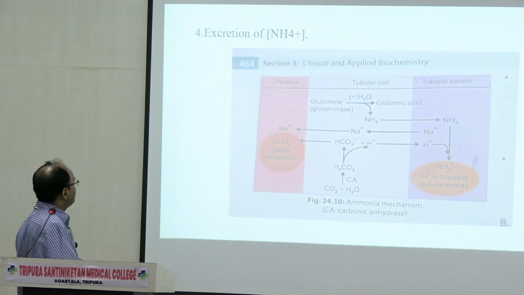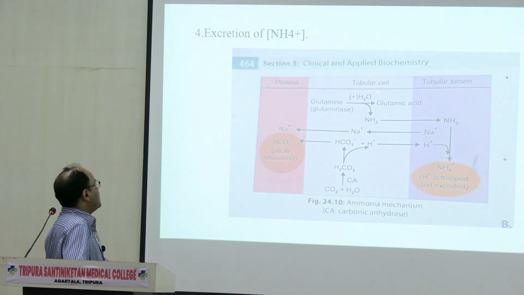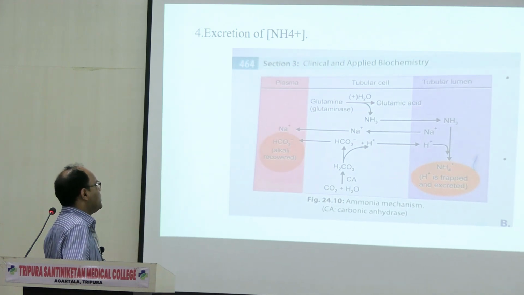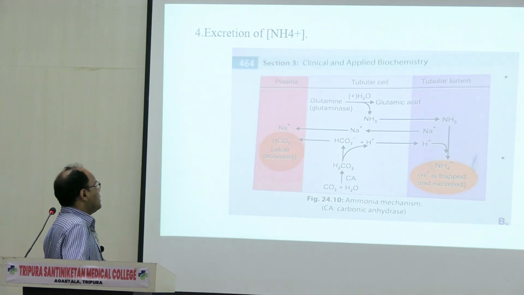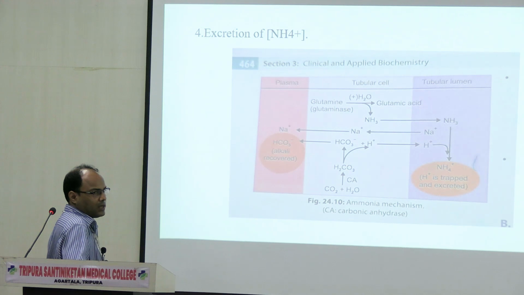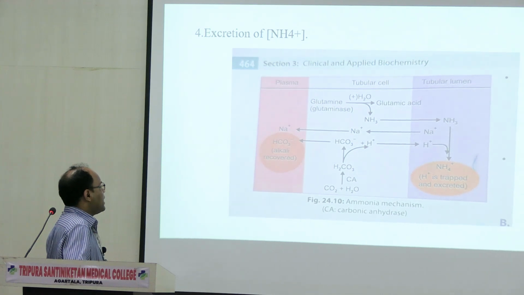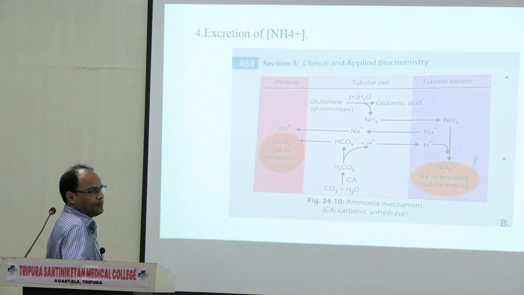And next one is excretion of ammonia. Here, ammonia is formed from glutamine by the enzyme glutaminase with addition of water, and it forms glutamic acid. This ammonia diffuses out into the tubular lumen in the collecting duct, and ammonia reacts with hydrogen ion and forms ammonium ion, and by this way hydrogen is trapped and excreted.